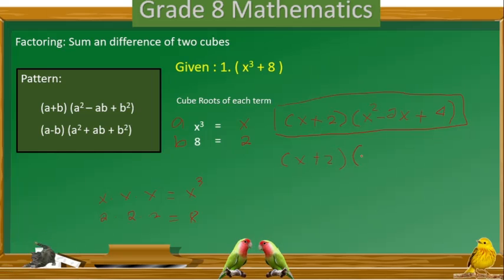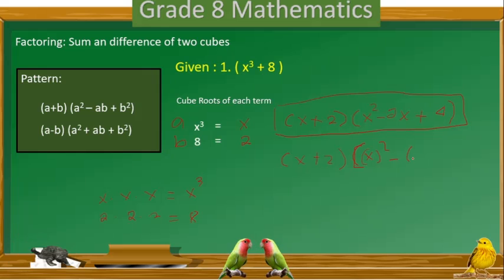Then this is x, b is to be squared. So this is x squared. Now then minus, we multiply a and b.